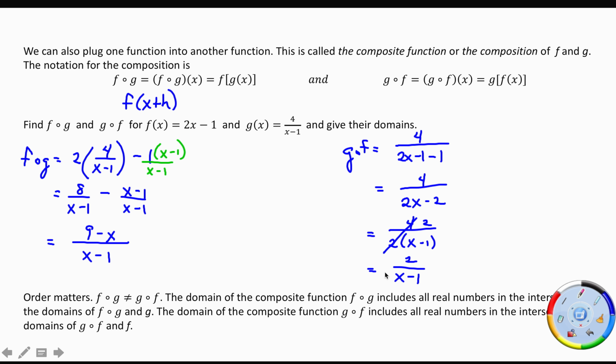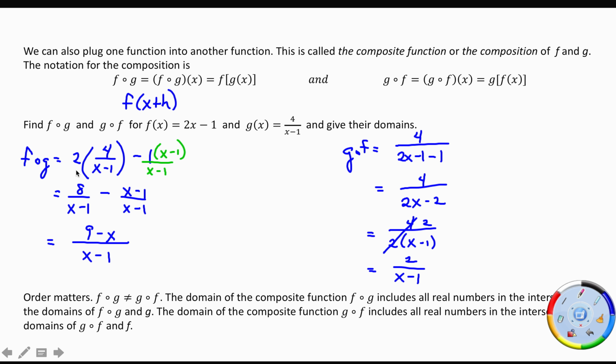Now, if I'm asked to find the domain for my composite functions, I find the domain of my second function and my composite function. I don't ever have to, when I'm finding f of g, figure out what the domain for f is.